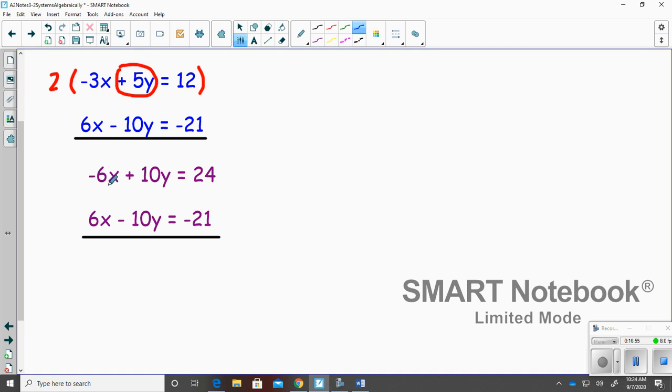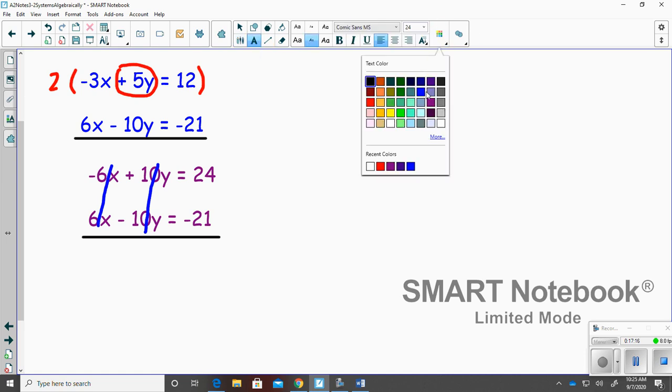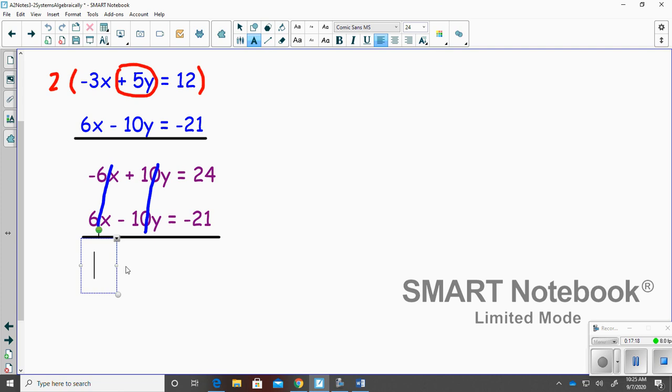I noticed that I was trying to eliminate the y's, and I did accomplish my goal because 10 minus 10 is 0, and that's good. But when I did that, I now notice the x's cancel as well. Negative 6 plus 6 is also 0, so that's interesting because that usually doesn't always happen. It hasn't happened until right now in our notes.